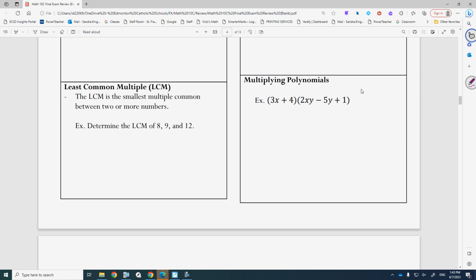Okay, let's take care of a binomial times a trinomial. So it works in the exact same way. Circle the first term of the first bracket, distribute that inside. Edie, read me what you would get when you distribute that first term in. Okay.